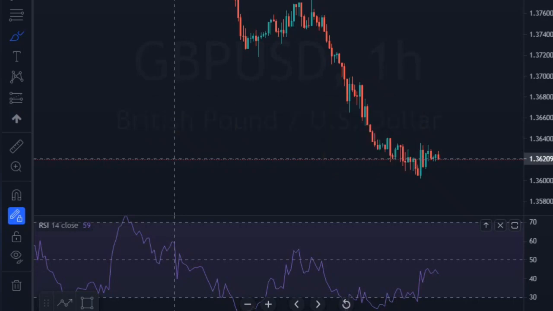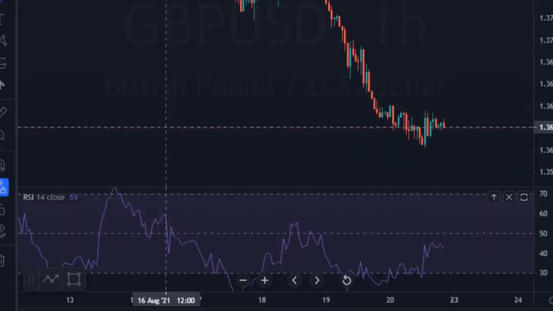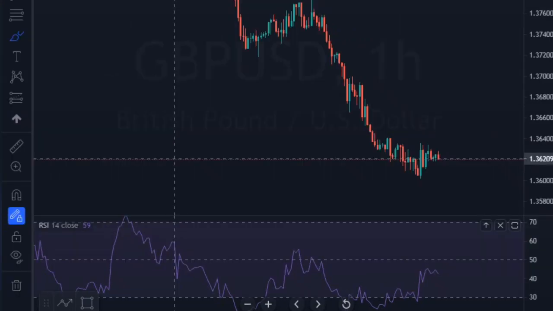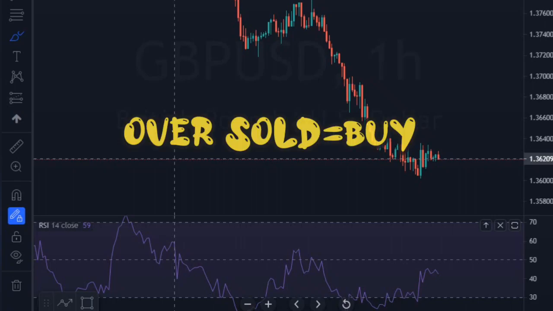And when price is at the 30 mark, price is already oversold, and when price is oversold, we are expecting a buy in the market.